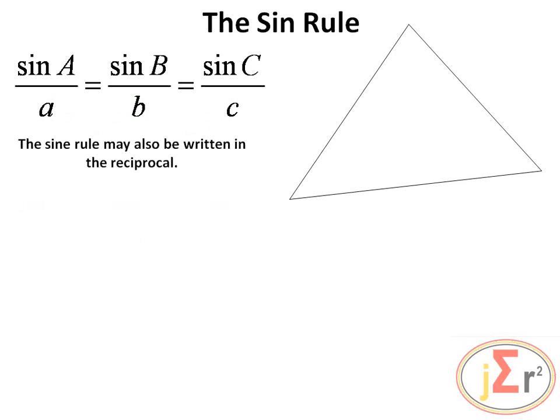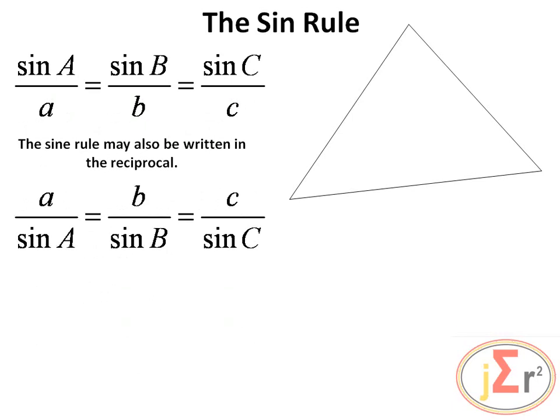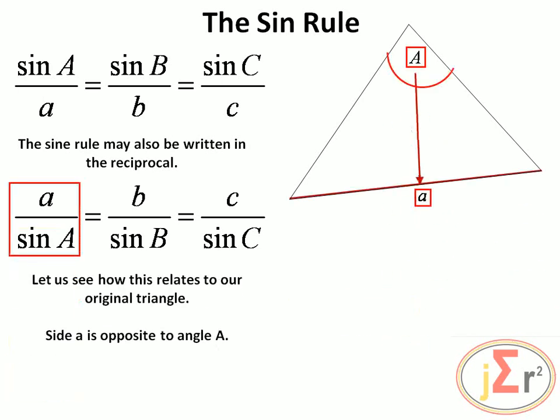We may also write the sine rule in reciprocal. Remember a long time ago we stated that if two fractions are equal, if we invert them, they are still equal. So we may also have them in the inverted form. Let us see how this relates to our original triangle.